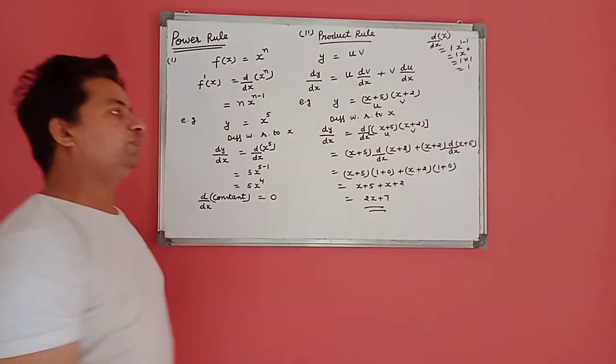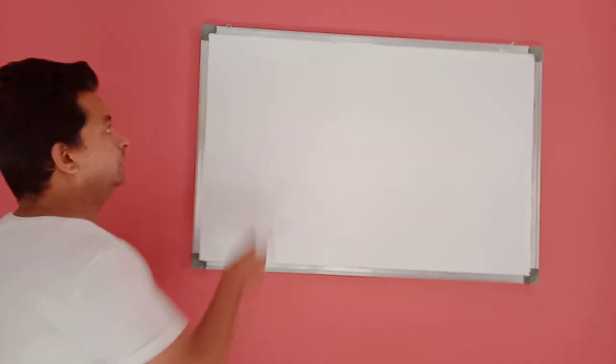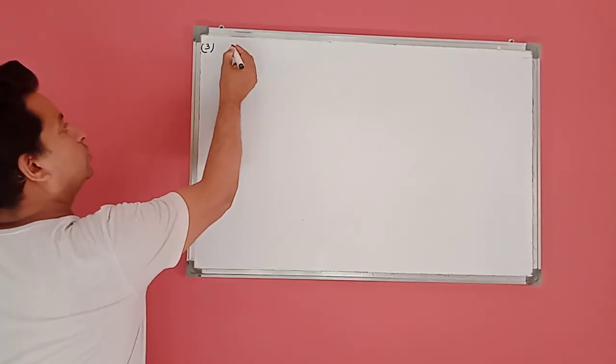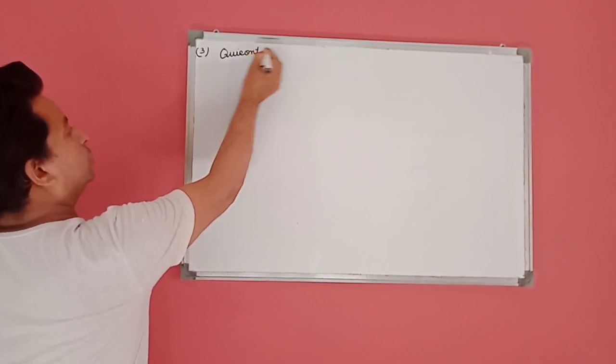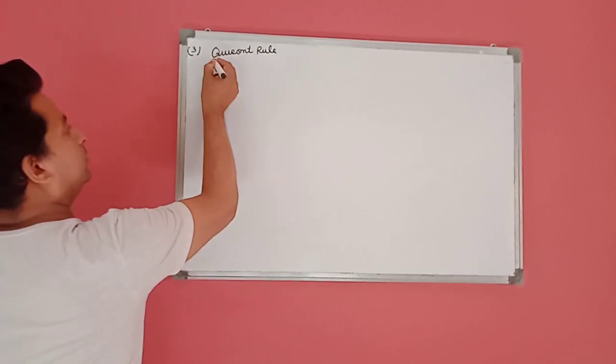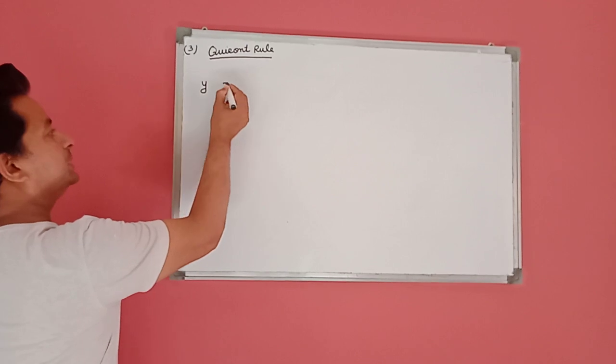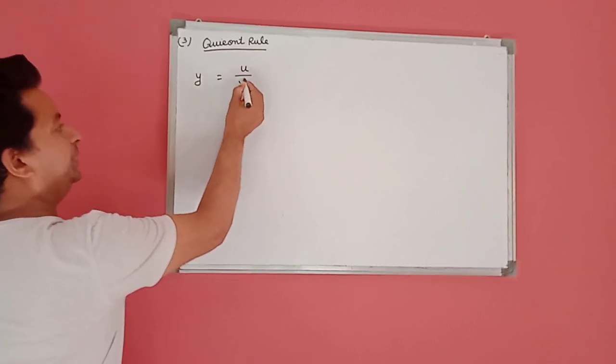It's called the product rule. The third rule is the quotient rule. In the quotient rule, y = u/v.